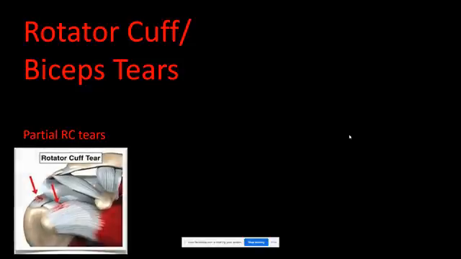Okay, rotator cuff tears or bicep tears. So here's a picture of a partial rotator cuff tear. You can kind of see the degeneration there. There's a saying that we sometimes use, and we say, treat the donut, not the hole.